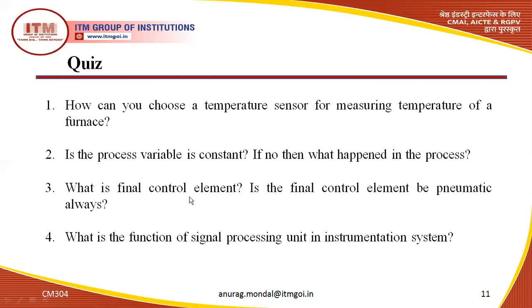Then, what is the final control element? Is the final control element always pneumatic? Then the fourth question is, what is the function of the signal processing unit in the instrumentation system? So these are the quizzes. Prepare your answers, and we will discuss them in the live lectures.